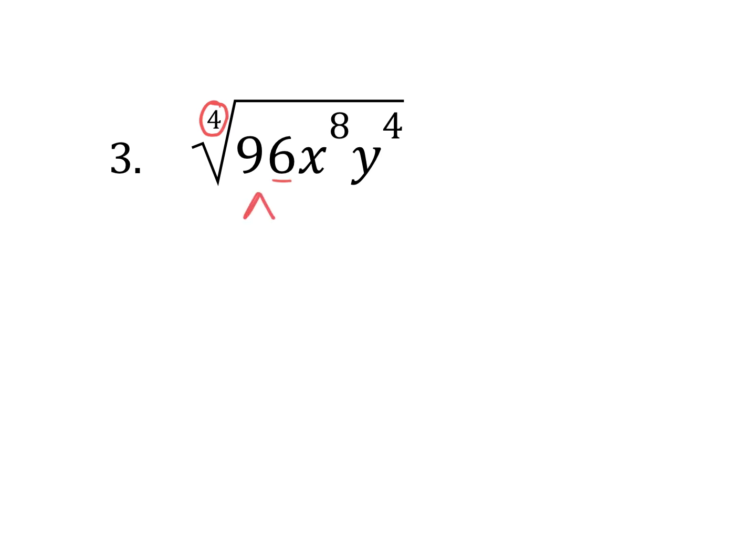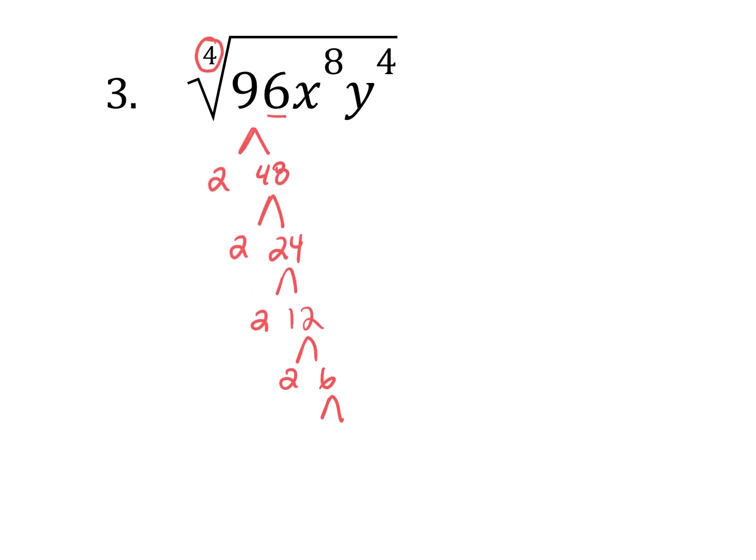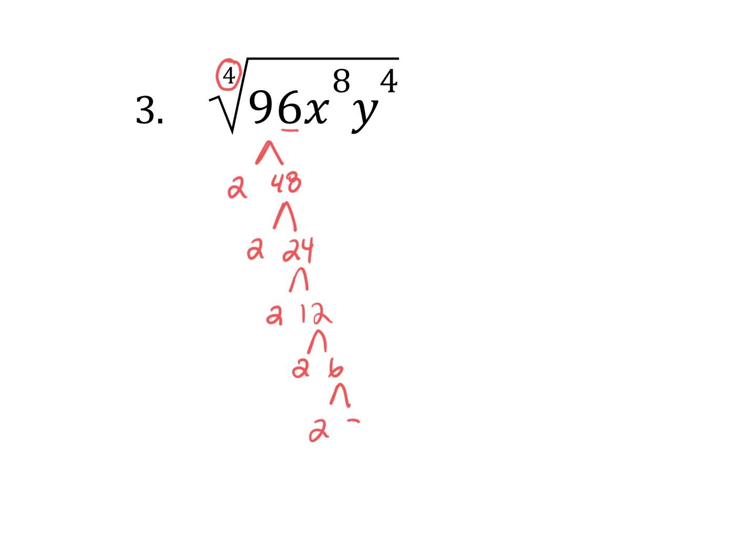Now, I see that this is an even number, so I'm going to go ahead and just divide by 2 first, and I'm going to get 2 and 48, and then 2 and 24, 2 and 12, 2 and 6, and then 2 and 3.